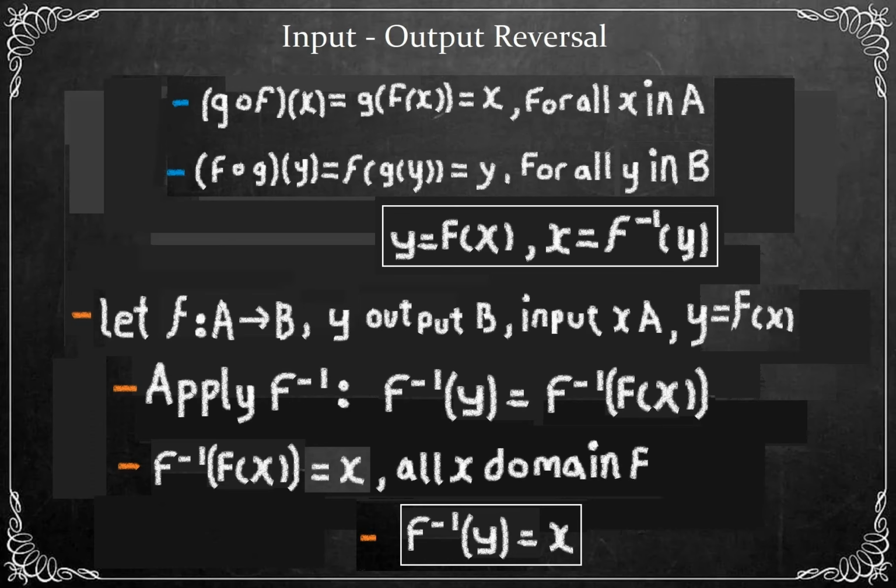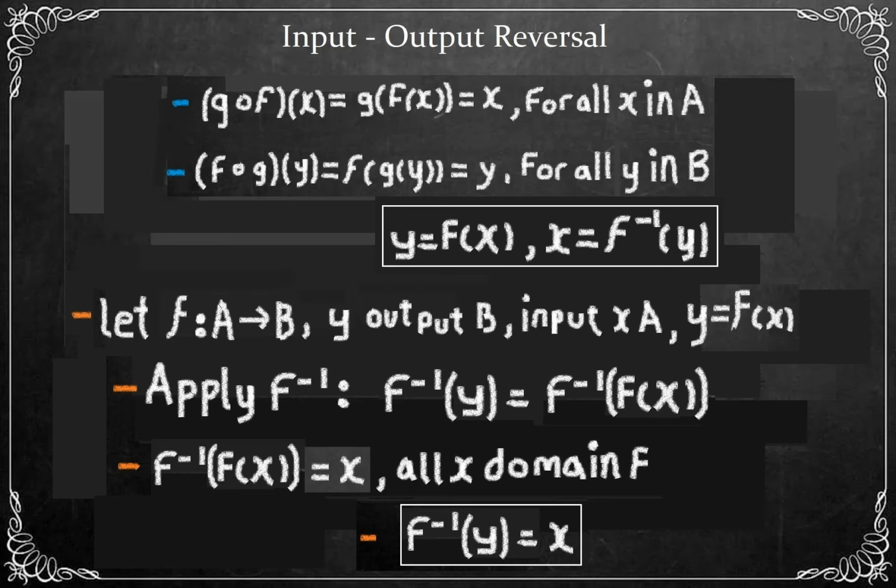Observe the first blue bullet, g of f of x equals x. If g equals f inverse, then consider the third orange bullet. We apply the definition of the inverse function. We get f inverse of f of x equals x for all x in the domain of f.